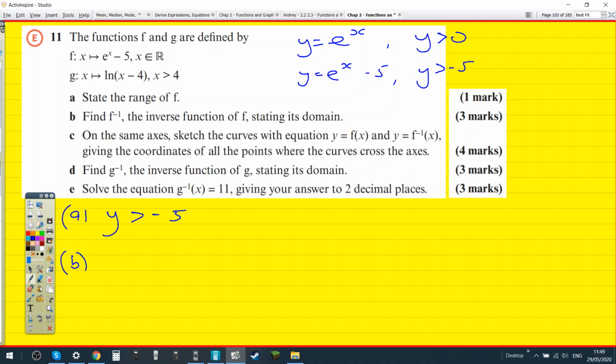Okay, what is b? So now I need to find the inverse of e to the x minus 5.